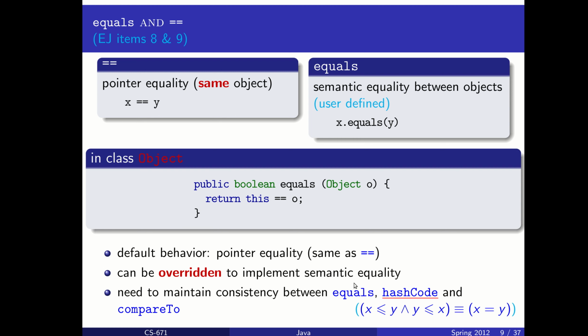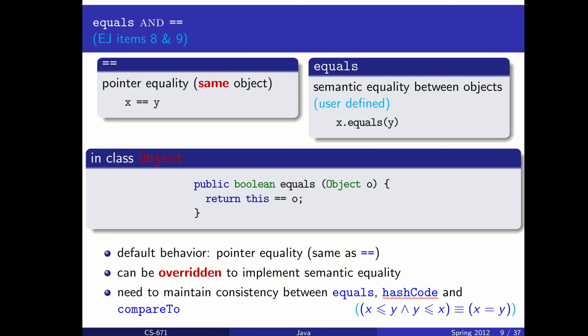And if 2 objects return true for equals, then their hash codes should come out the same too. So we need to keep some consistency between these 3 different things because they may get called internally by Java to do different operations.